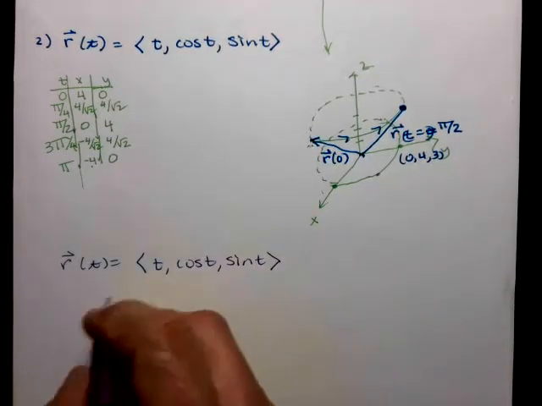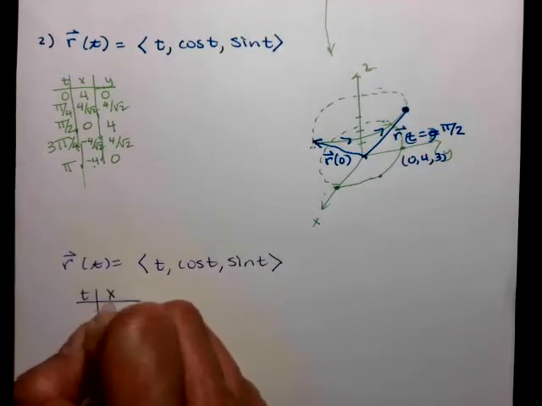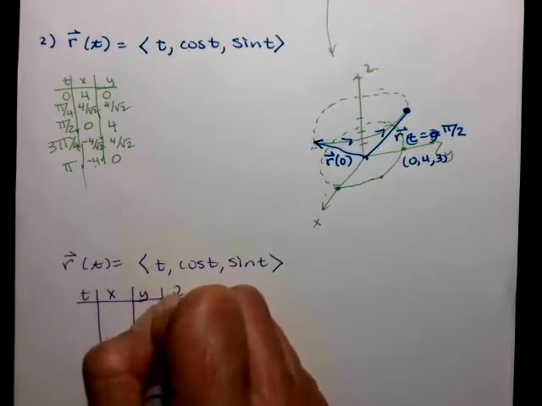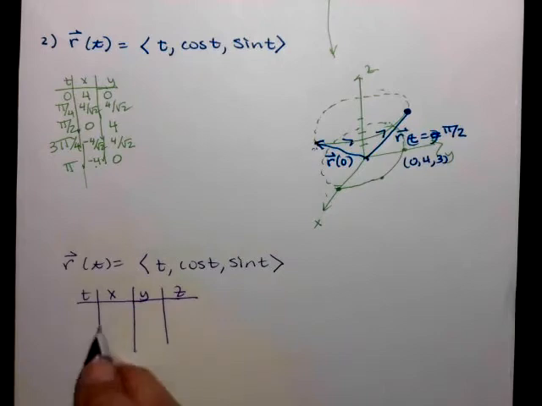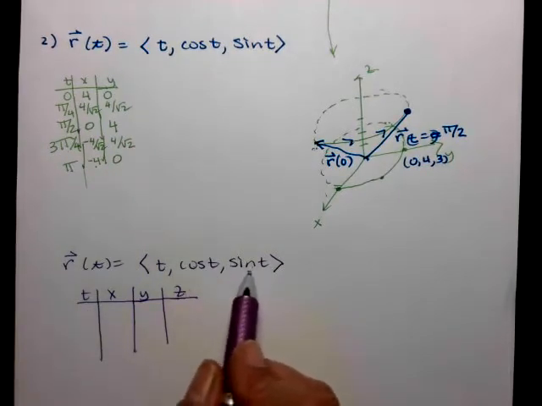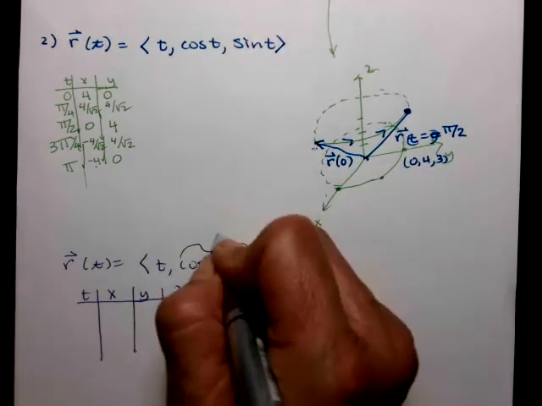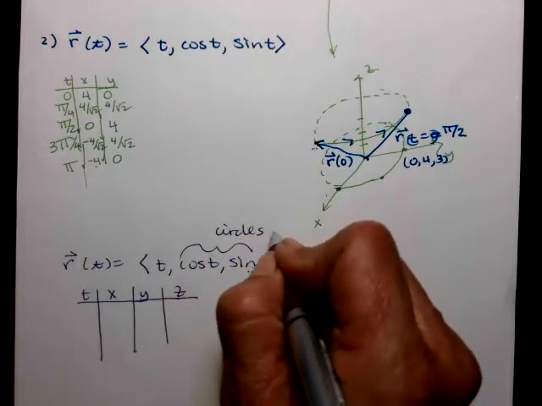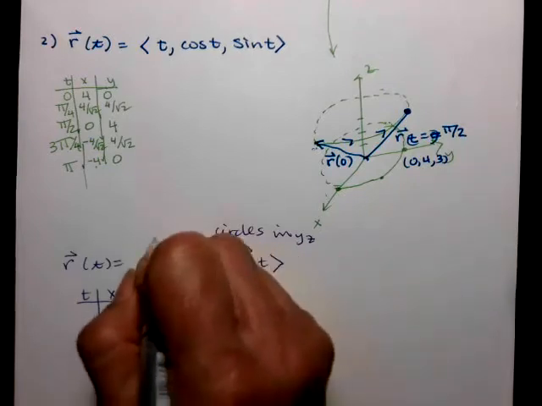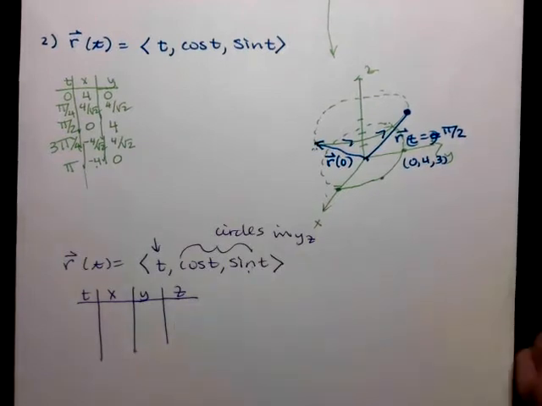So if we think about what's happening for our x component, that just matches whatever your t is. So as t gets bigger, your x gets bigger. But the y and the z, this is our circle parameterization. So these two together, we get circles in the yz plane. And then in the x direction, it's just marching on.